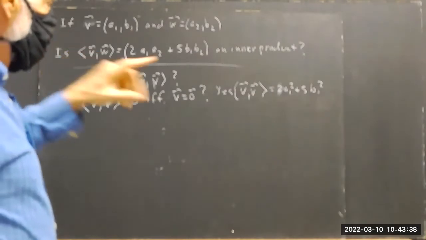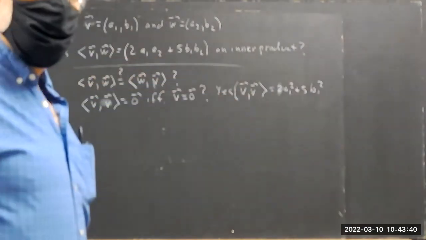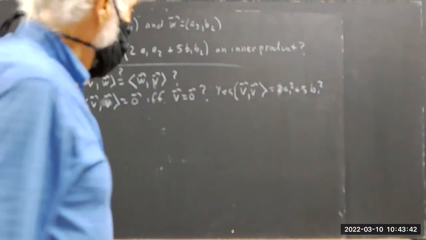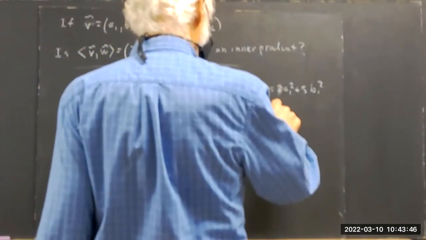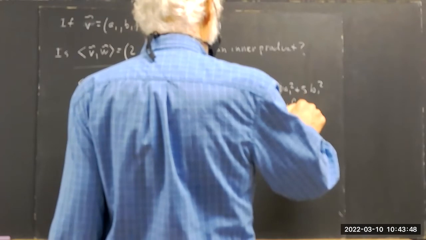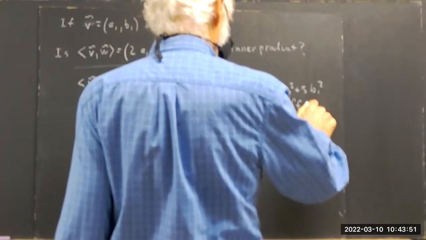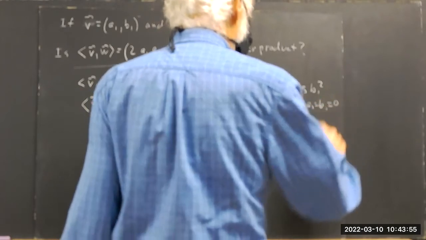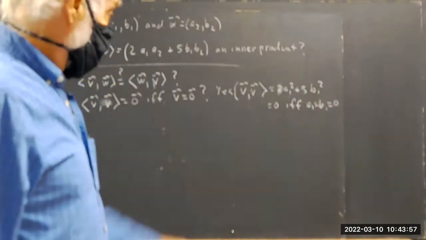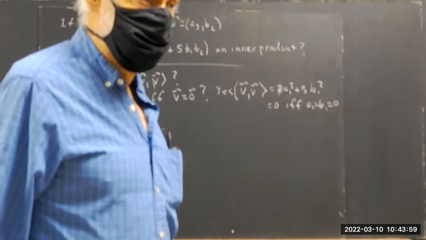The inner product of B with itself would be 2A1 squared plus 5B1 squared. That equals 0 if and only if A1 and B1 are both 0, because these are both positive. Okay.